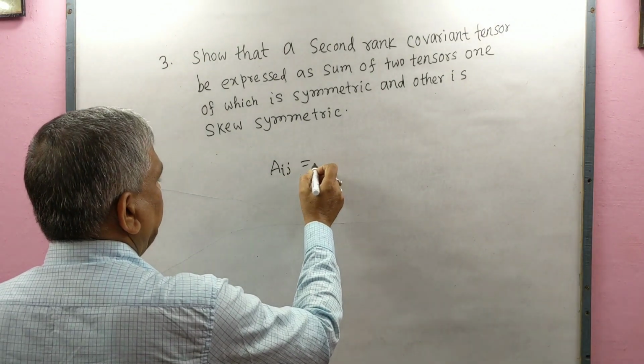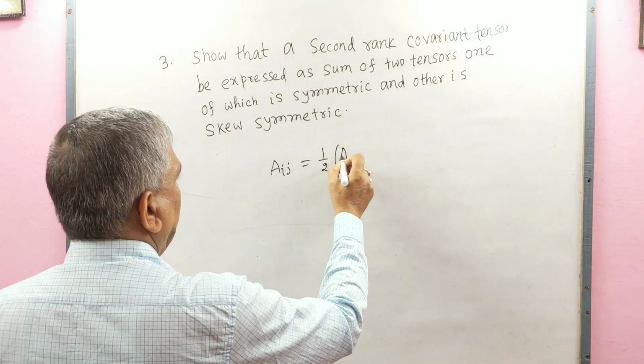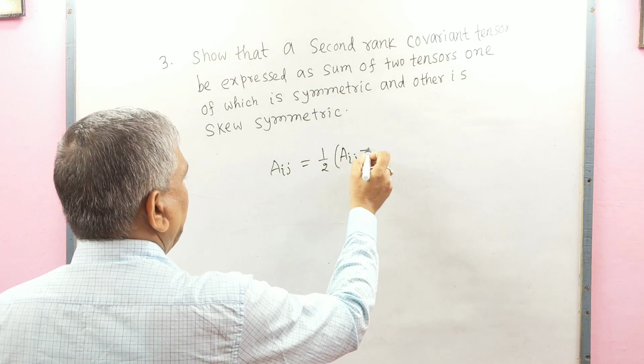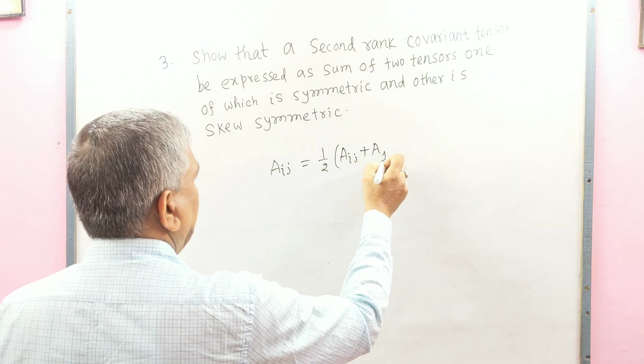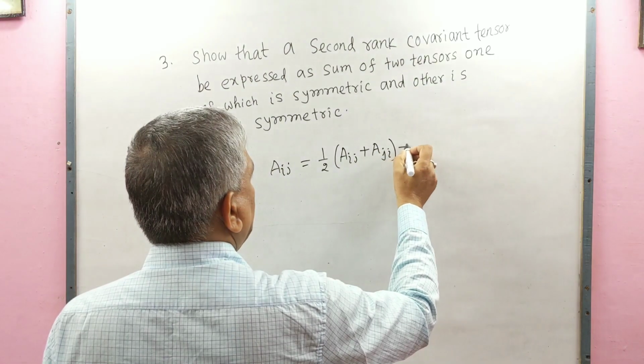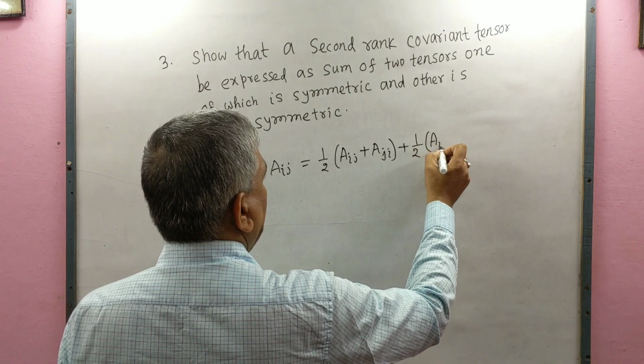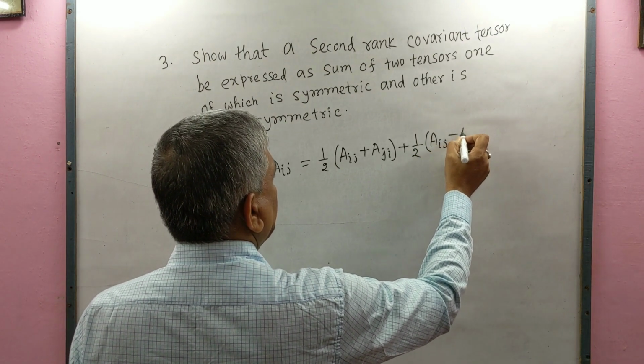This may be written as half of Aij plus Aji, plus half of Aij minus Aji.